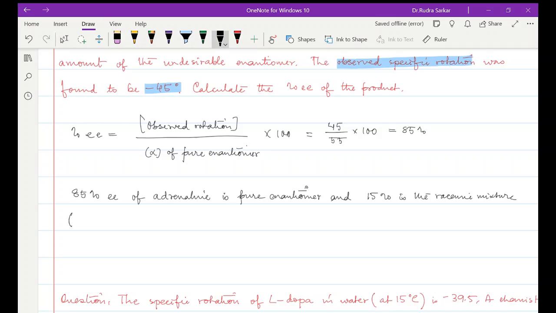So this 15% is what? 7.5% of adrenaline and 7.5% of the enantiomer. So this is the DL part.